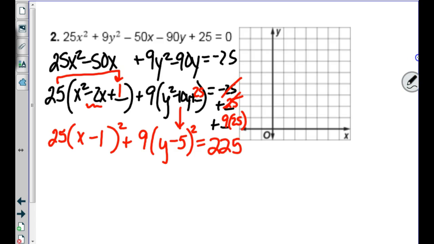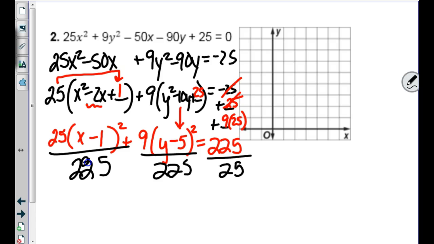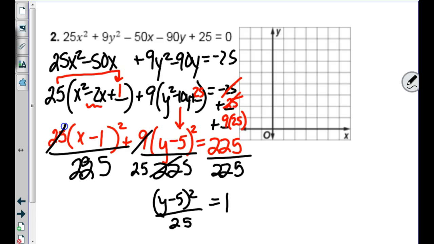Last step: divide by 225, 225, 225. So we get equals 1. 9 goes into 225 25 times. 25 goes into 225 9 times.